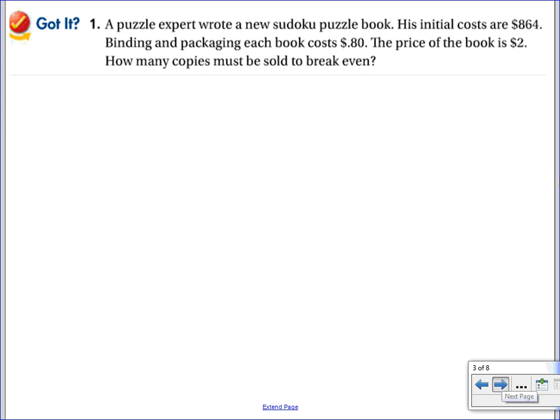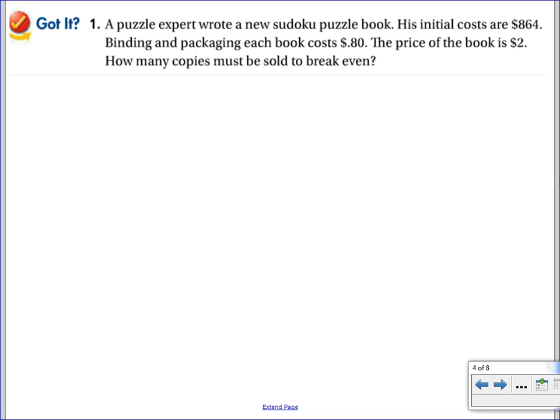Okay. A puzzle expert wrote a new Sudoku puzzle book. His initial costs are $864. Binding and packaging each book costs 80 cents, and the price of each book is $2. So again, what do we want to stick with?